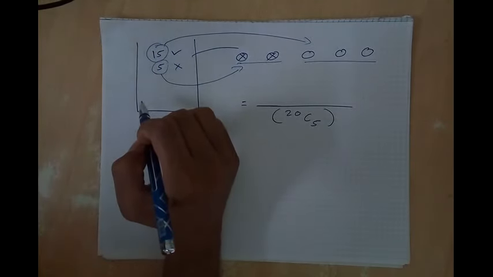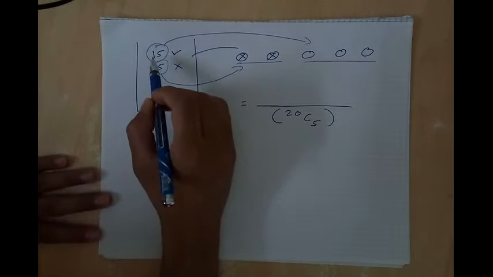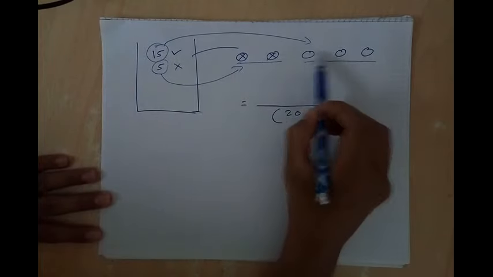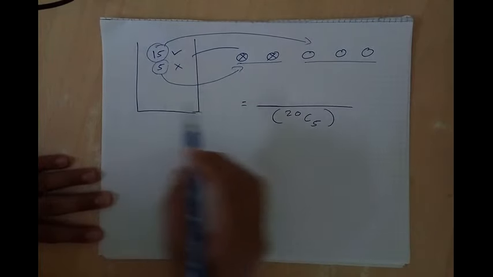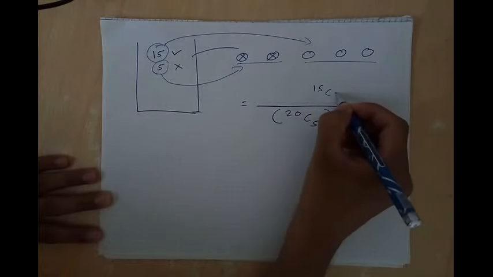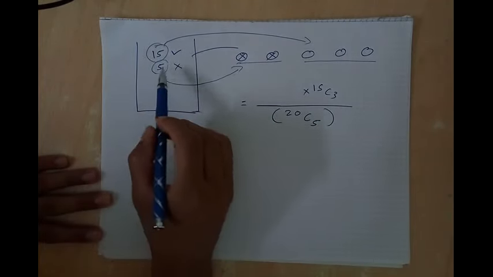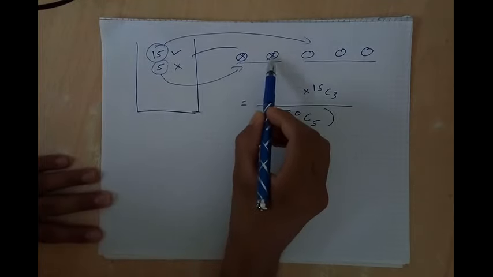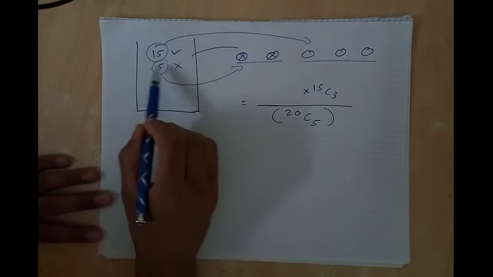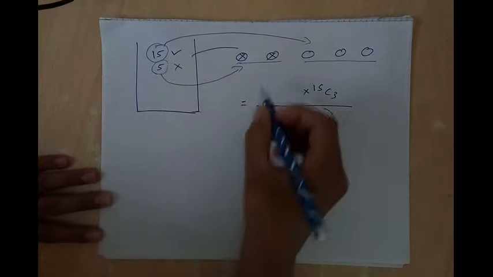This question reduces to how many ways we can choose 3 tires from these 15 tires. So it is 15C3. In the same way, how many ways can we choose 2 defective tires from these 5 defective tires? So it is 5C2.